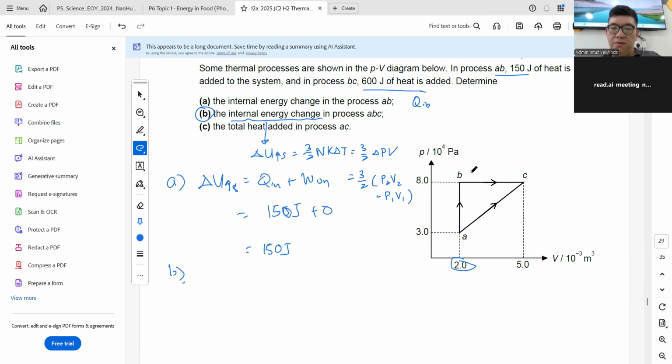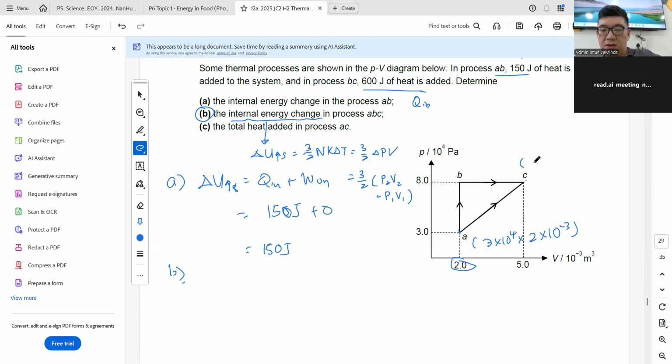The reason why I encourage you to use this is because A, B, C is the same as going A to C. Then you can get a P1, V1 value here, which is 3 times 10 to the power 4 times 2 times 10 to the power minus 3.